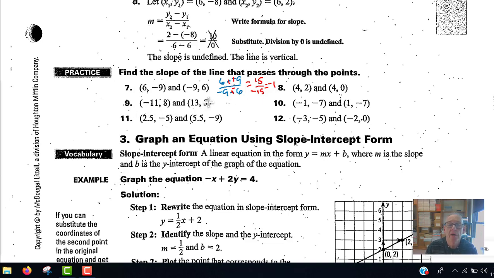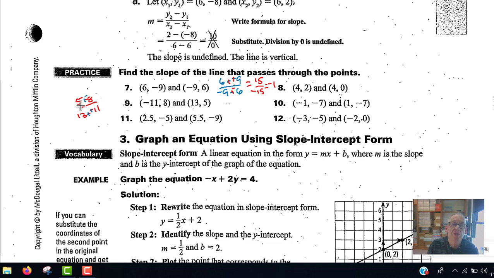Let's look at number 9. We would do 5 take away 8 over 13 take away -11. Again, this take away minus cancels out, turns into pluses. 5 take away 8, do plus opposite with that. We have 5 plus a -8. Two different signs.